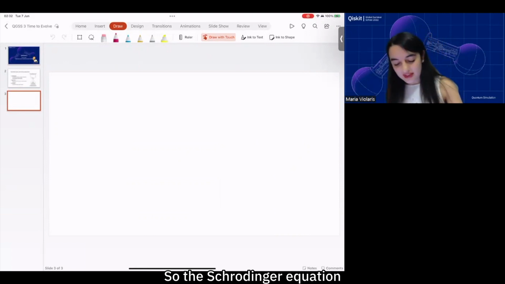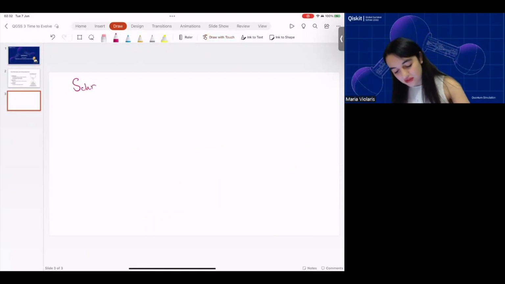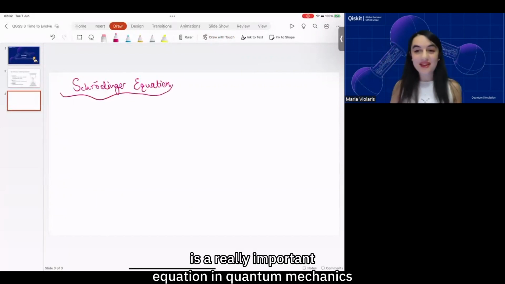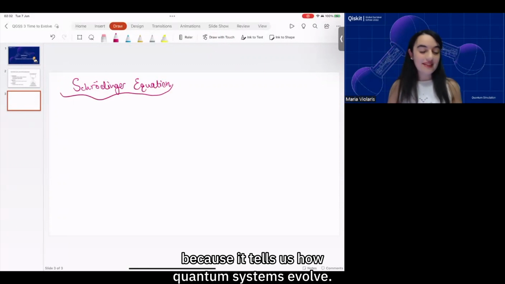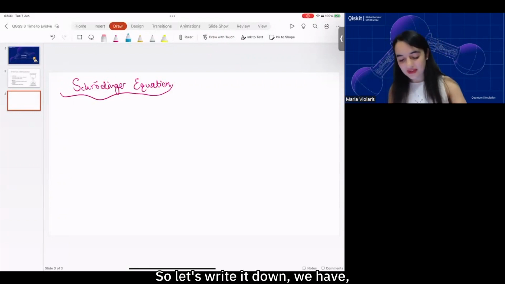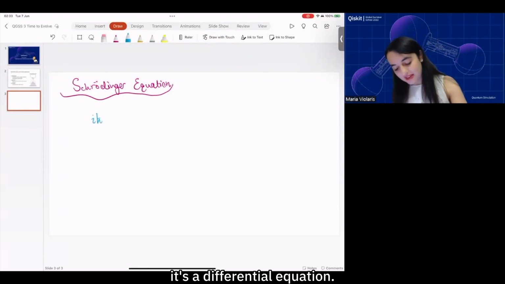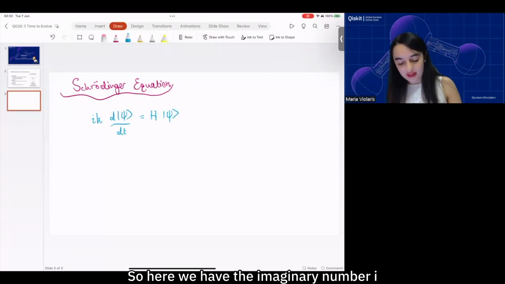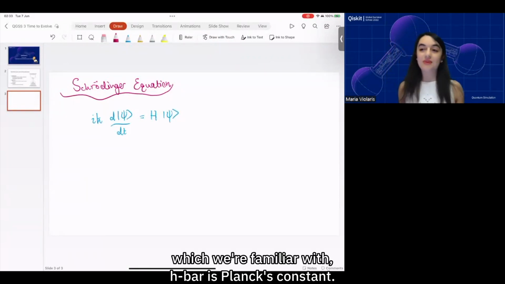So the Schrödinger equation is a really important equation in quantum mechanics because it tells us how quantum systems evolve. So let's write it down. It's a differential equation. So here we have the imaginary number i, which we're familiar with.